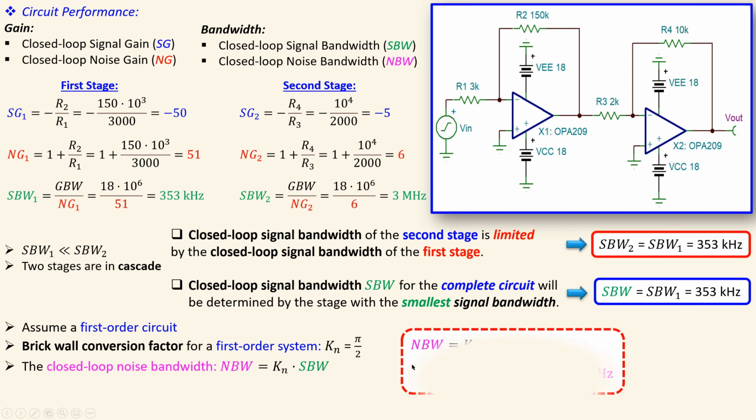Now, if I do the math, very straightforward, pi over 2 times that 353 kilohertz, I will have 554 kilohertz. That is now the actual noise bandwidth, of course with the approximation we have made, assuming the complete circuit is first order. This will be our noise bandwidth, which will be used for all calculations for each stage. So for the first and the second stage, we will use a noise bandwidth of 544 kilohertz.